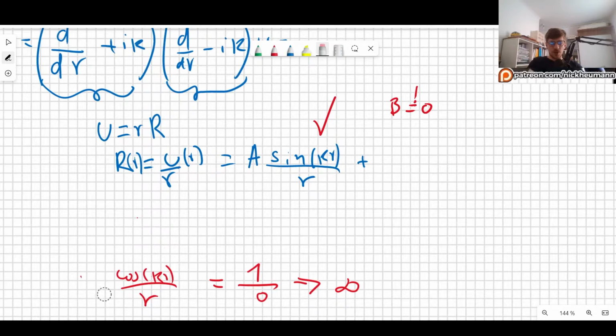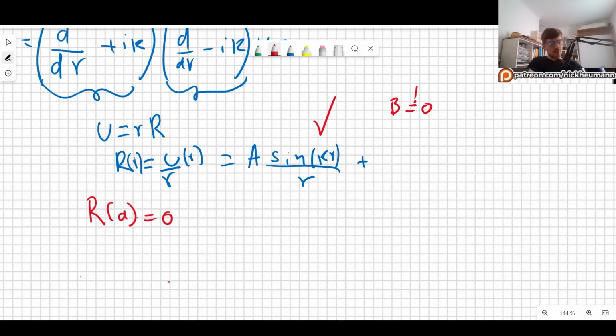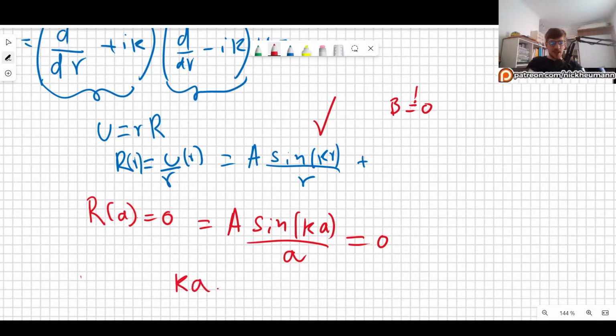Now we go for the other. So the other condition was that R evaluated at a needed to be 0. So in that case, we just plug it in here. We get that a sine of ka over a has to be equal to 0. And for this to be 0, we need ka to be equal to n pi, right?